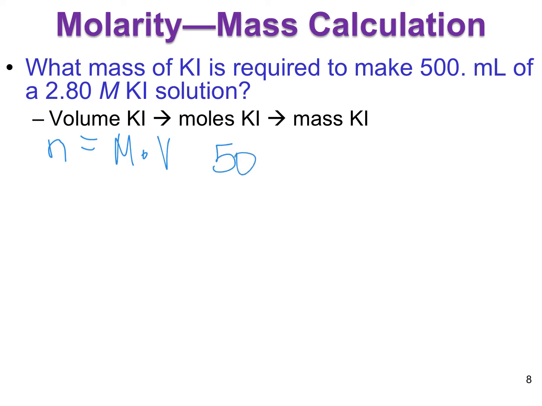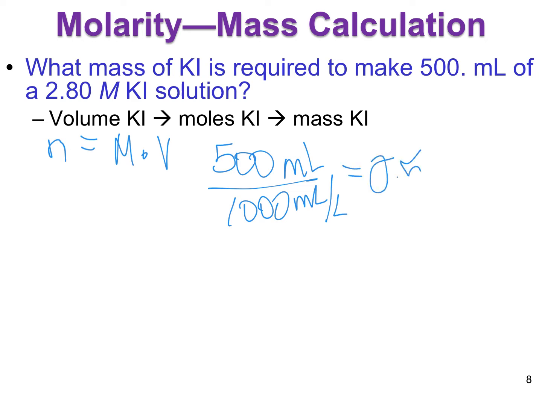500 milliliters is divided by 1,000 milliliters per liter, giving 0.500 liters.